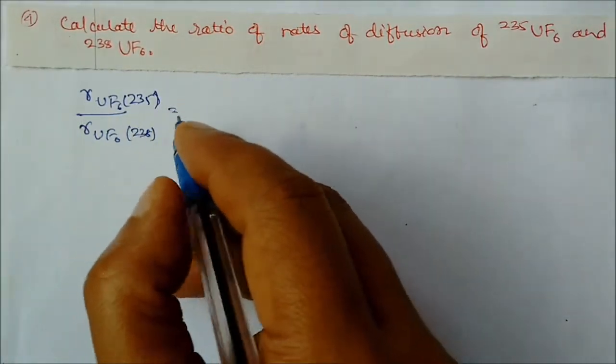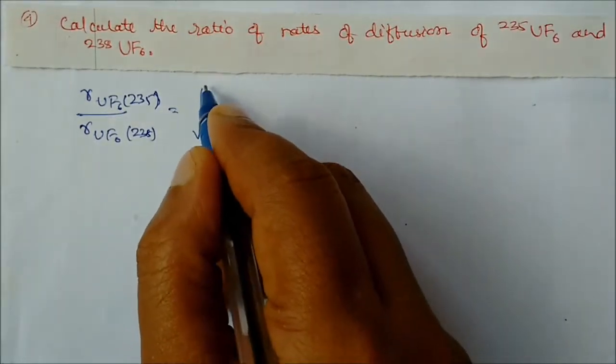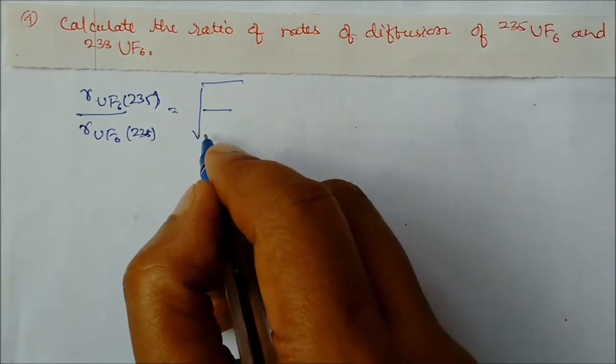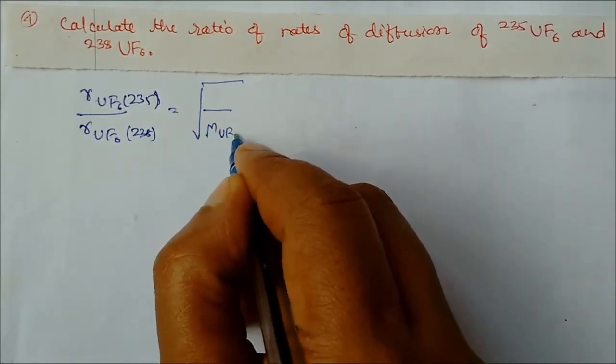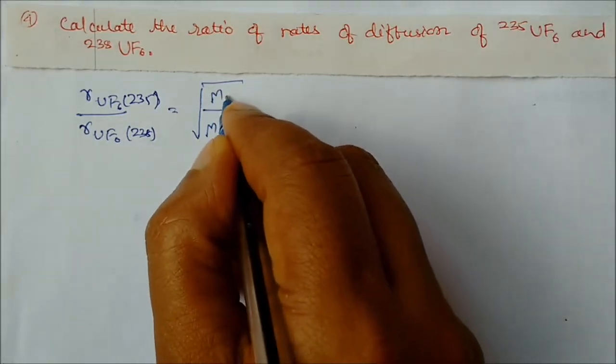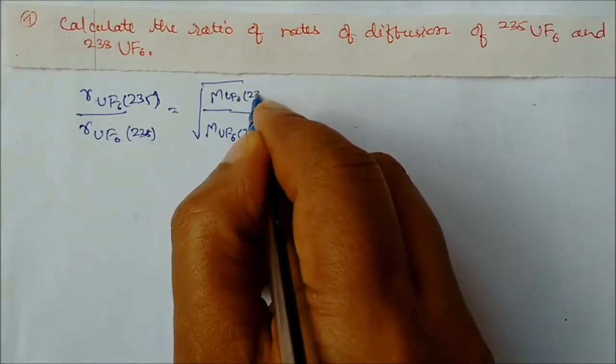As we know, this is inversely proportional to the square root of their molecular masses, so we can put directly here the molecular mass of UF6-238, and here the molecular mass of UF6-235.